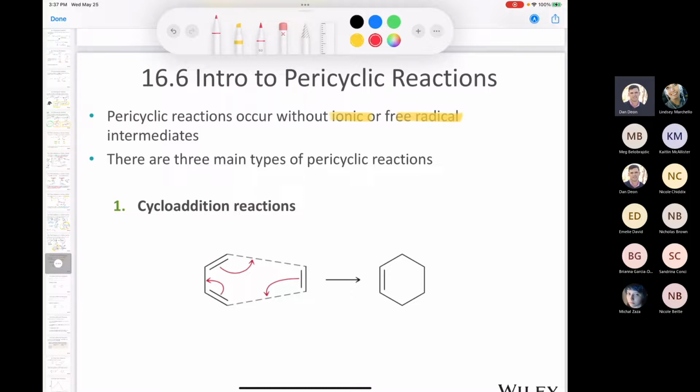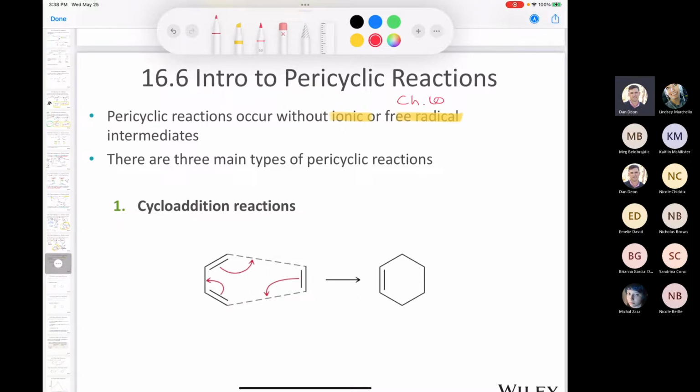We saw that in chapter 10, for example, and a little bit when we talked about formation of peroxides. But pericyclic reactions, which we're going to look at in sections 16.6 and 16.7, have nothing to do with ions or free radicals. So kind of interesting.